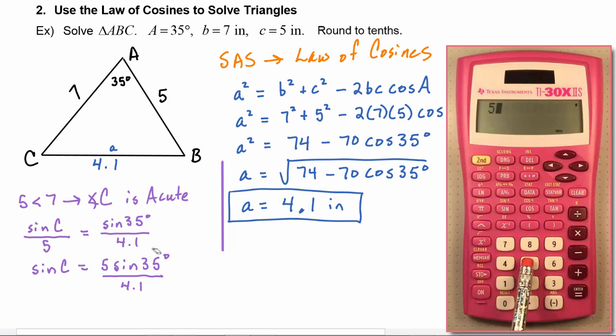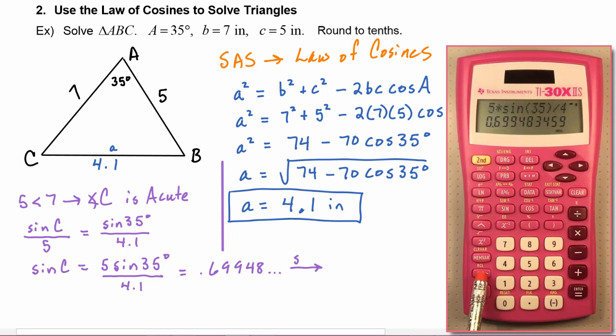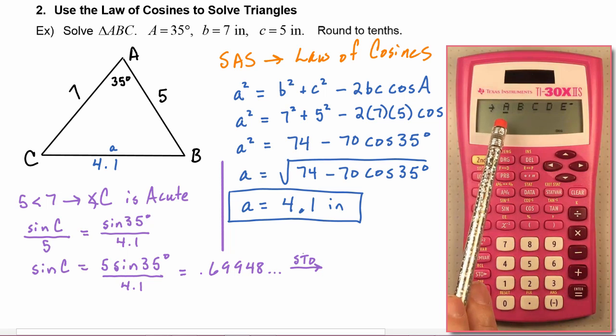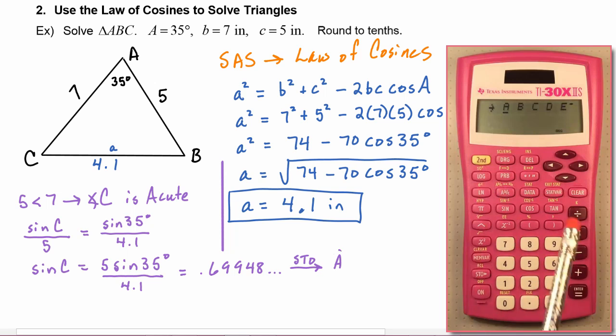We get 5 times the sine of 35, parentheses, divided by 4.1, enter. We get 0.69948, etc. Let's go ahead and store that in your favorite letter. Maybe we'll put it in A.